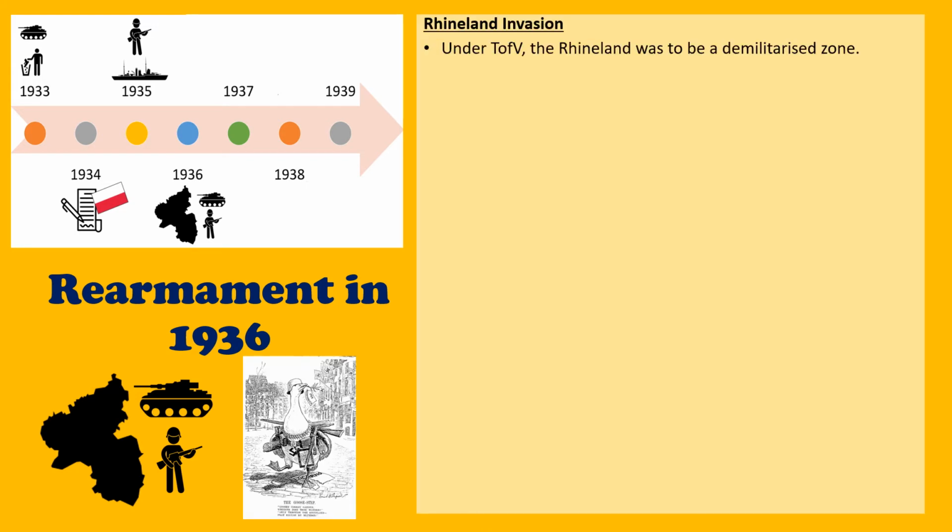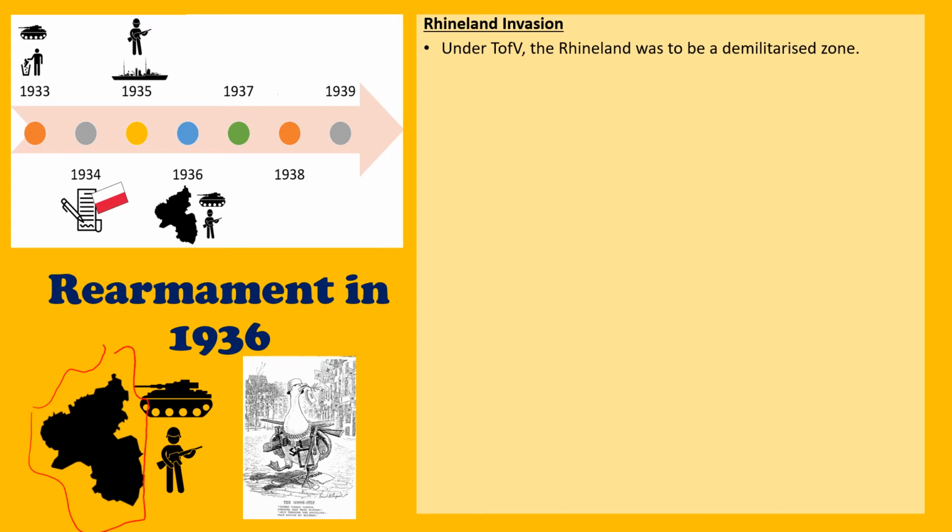So under the Treaty of Versailles, the Rhineland was deemed to be a demilitarized zone. More on this in detail in the video on the Treaty of Versailles, but essentially the Rhineland was there to act as a buffer zone between Germany and France. This little silhouette of land that you can see on the screen is representative of the Rhineland.